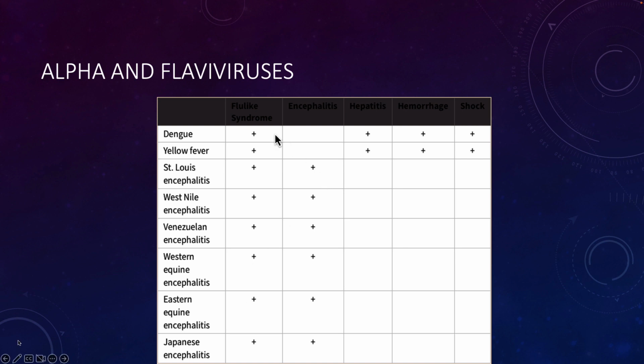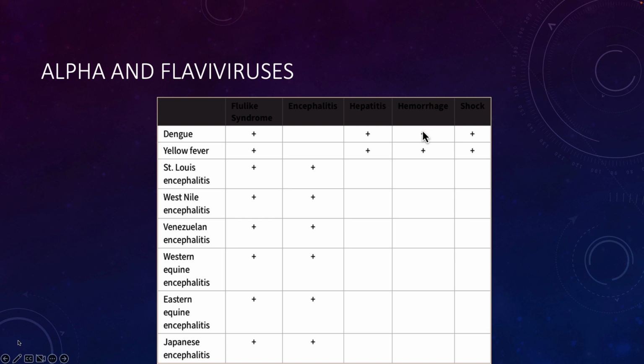Some of our major symptoms that we worry about with our alpha and flaviviruses: almost all of them, when they get into people, will cause flu-like symptoms. Dengue and yellow fever will cause hepatitis. They're part of those flaviviruses, like hepatitis C. So you get the infection in the liver and you'll get the jaundice.